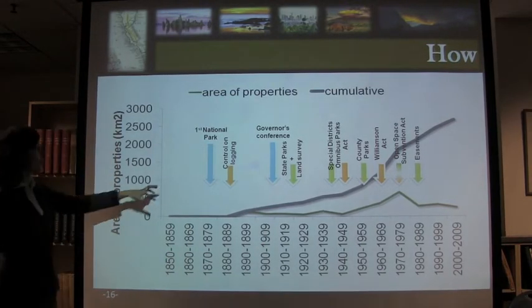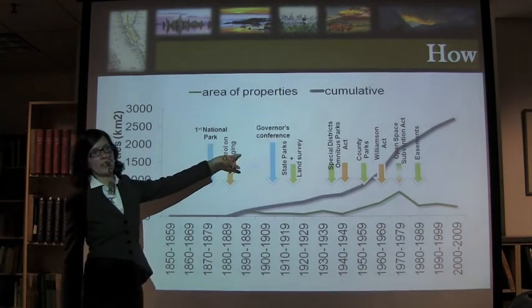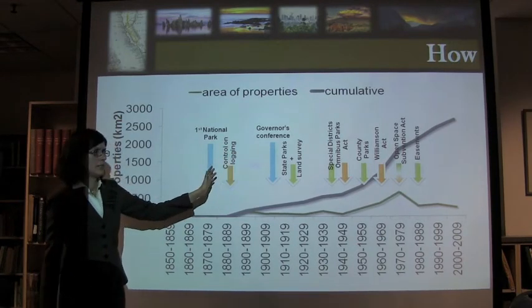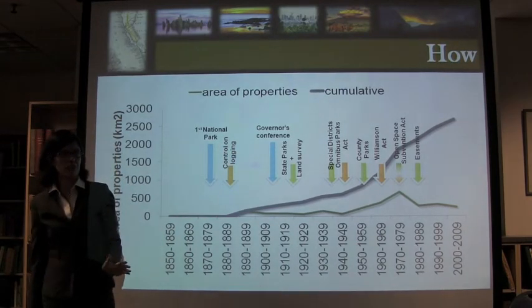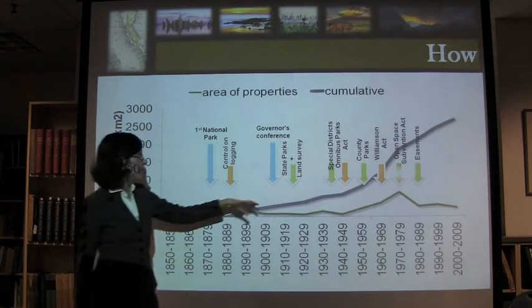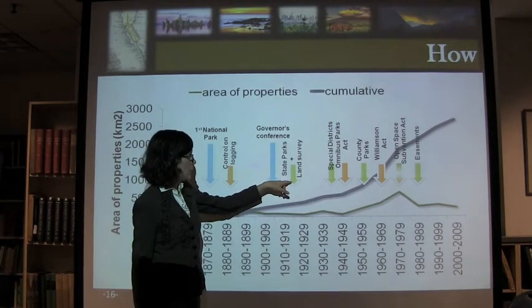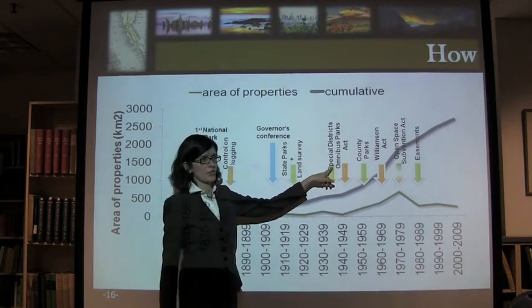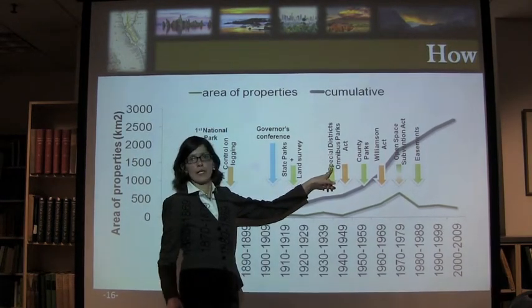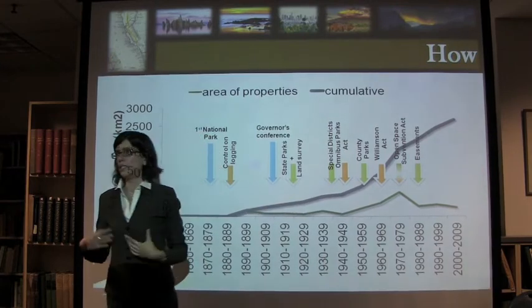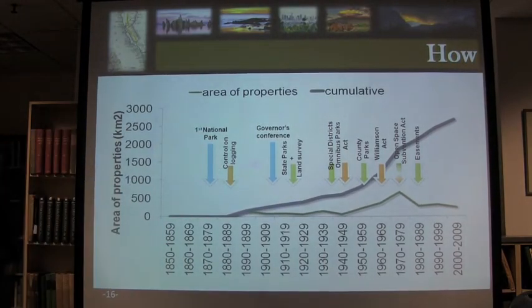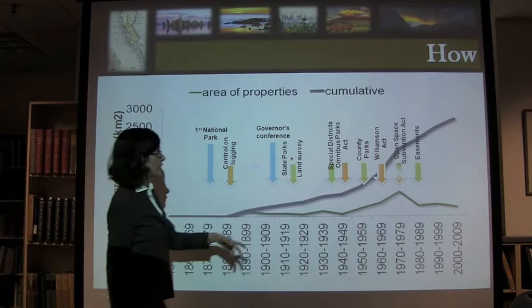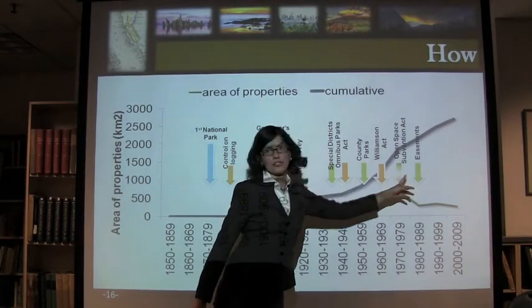So you have a first control on logging of redwoods appearing in the turn of the century, and that seems to trigger a lot of conservation action itself. And then you have the creation or the surveys of the state parks. You have the creation of special districts, which are agencies that are mandated to acquire land in open space themselves. And you have creation of county parks and conservation easements.